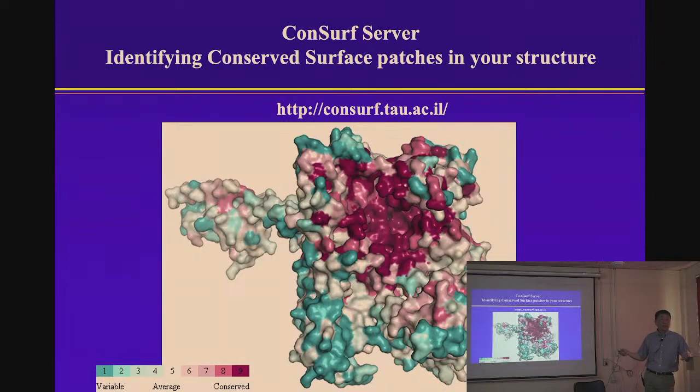So if you're looking for the active site of the enzyme, where would it be? It will be right here. This is another way to help you look for things, how well everything is conserved in your structure. Away from the active site, things are very variable, not conserved. So another very useful tool to help you locate the important parts of your protein. The important parts typically are all quite conserved, so this will help you to look for those.